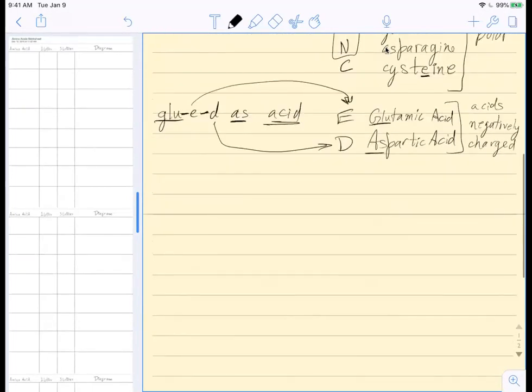And the last 3 are basic highlighter. Basic highlighter. That's highlighter like outlier. And I actually remember it like this. There are 2 ways you can remember it. High, or highlighter, basic highlighter. And so obviously we're talking about basic side chains that are positively charged at physiological pH of 7.4.